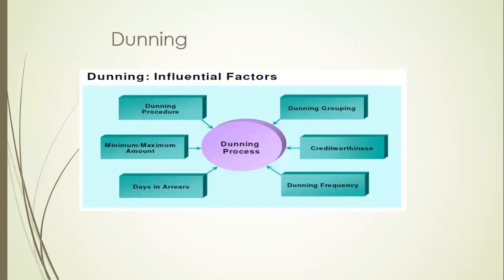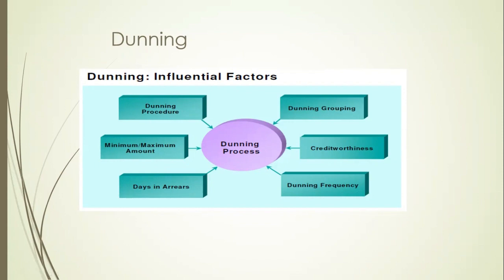So in a diagram, if we put the dunning processes, mostly the first is days in arrears. So how many days the arrears are there? That is the first parameter for the dunning process. Then the minimum and maximum amount, which would be the tolerance for the dunning. Then what are the dunning procedures? The dunning procedure under which the dunning labels would be there.